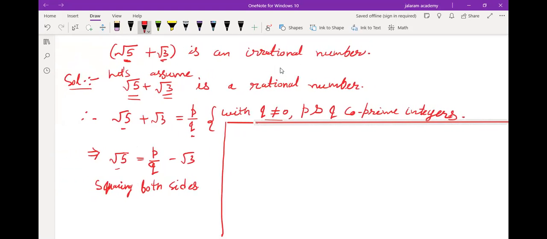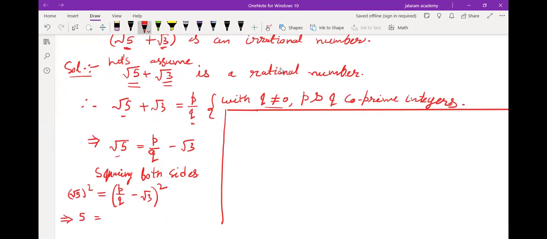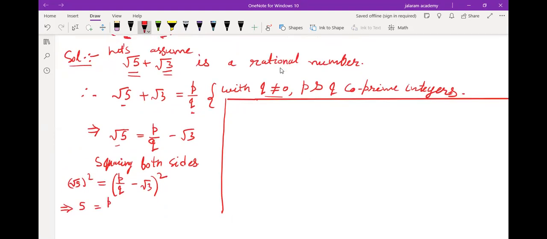So squaring both sides, we get root 5 whole square equals p by q minus root 3 whole square. It implies 5 equals a square plus b square minus 2ab, that is p square by q square plus 3 minus 2p root 3 by q.